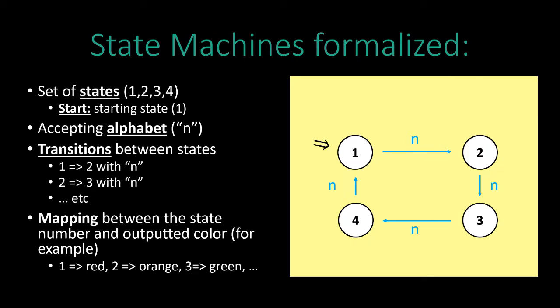Right. So how to formalize this a little bit more? We have something similar to last time, right? We have a bunch of these that we saw last time as well. But in this case, there are more states than we had before. So this is 1, 2, 3, 4. We do still have one starting state, just to know where the code initiates. We do have an accepting alphabet, which is basically the whole keyboard in theory, right? And we have transitions.